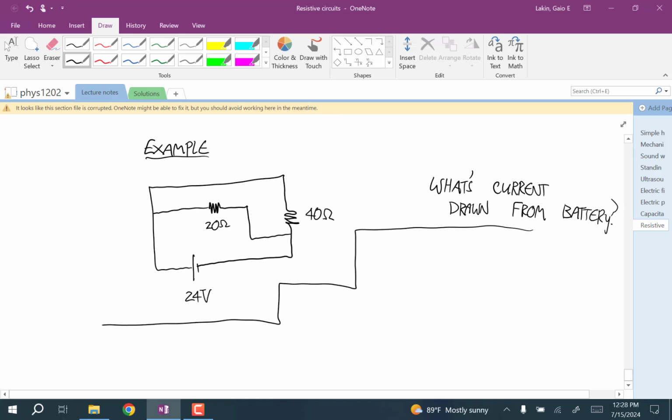Well, first we have to identify whether these are in series or parallel. I purposely drew it in a funky configuration, so you have to think about the definition and not just look for something that looks like parallel. Let's identify the nodes. There's one node here, and you can see that those two resistors share that node.